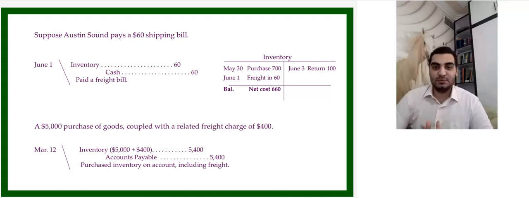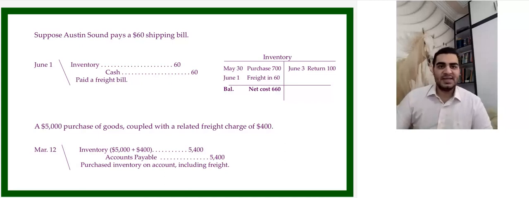It is for payment of the freight bill. And as you see here in the T account for inventory, first on May 30, we had purchased $700 in the previous transactions. Then we returned $100. And now we're going to add another $60 because of freight in. The net cost, the balance amount, will be $660.